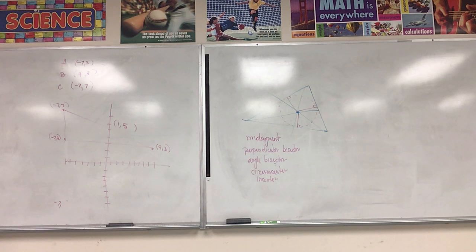Correct. So HJ would be 6.5. And IJ, they tell you, is 7. So for the perimeter, we would do what? It's 18.5. 18.5, very good.